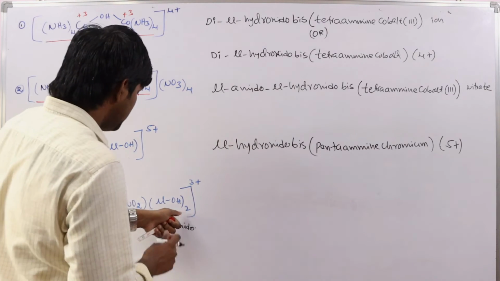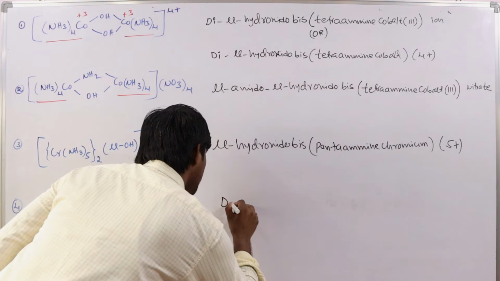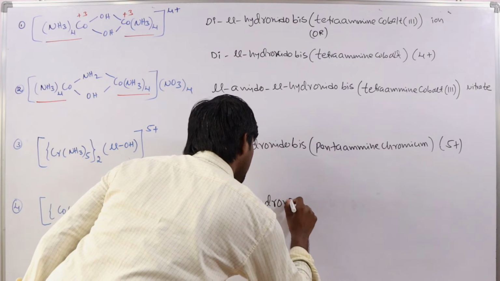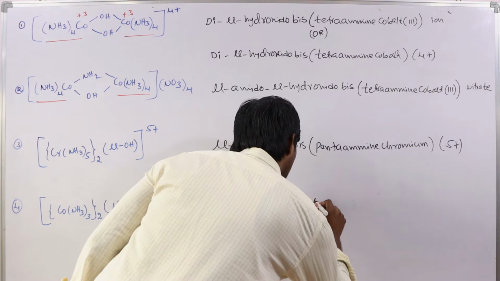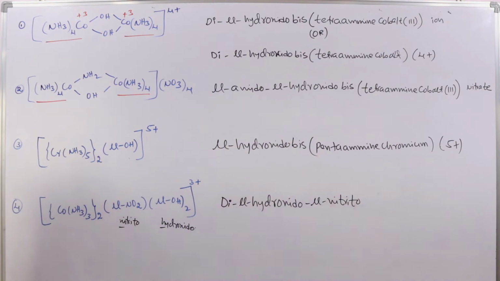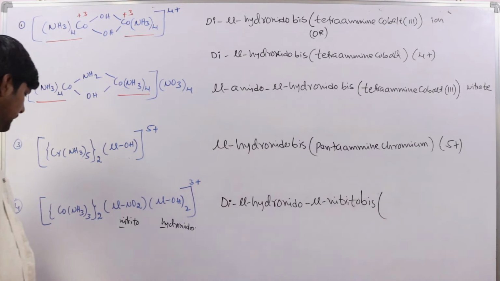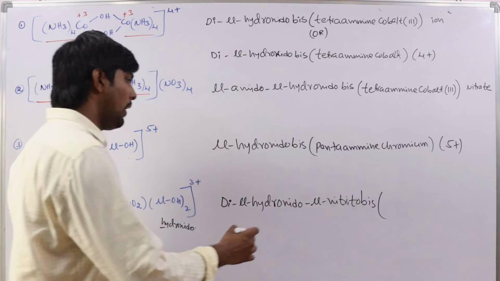This bridged ligand is repeating 2 times, so di mu hydroxido, mu nitrito. And then this unit is repeating 2 times, so bis. Close the bracket. Bis triamine cobalt.